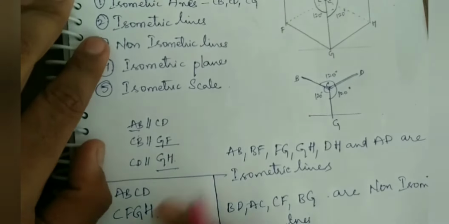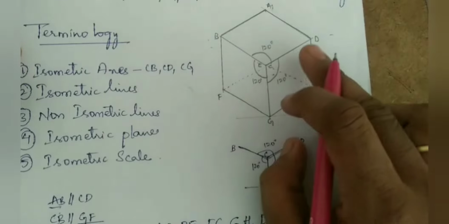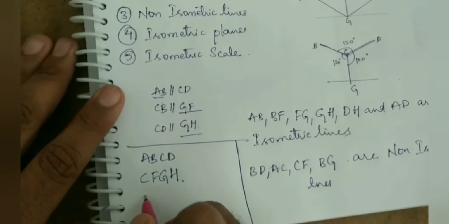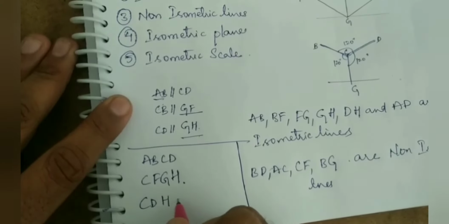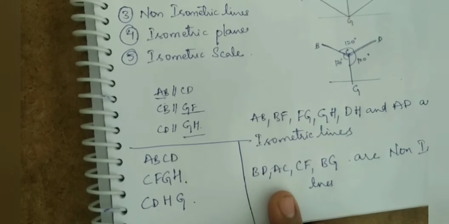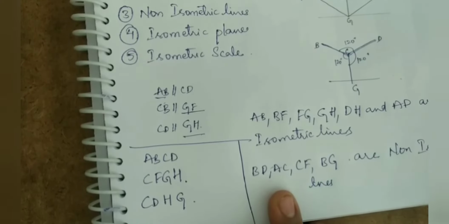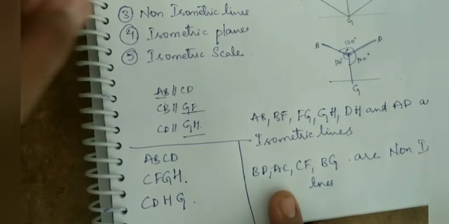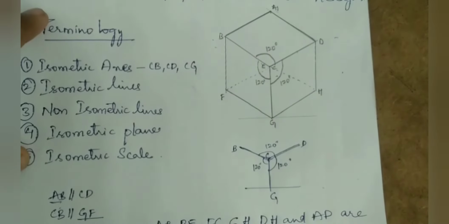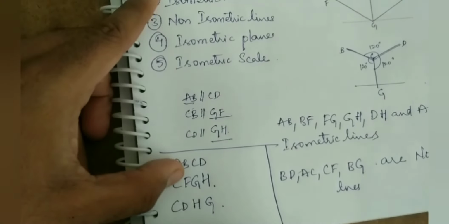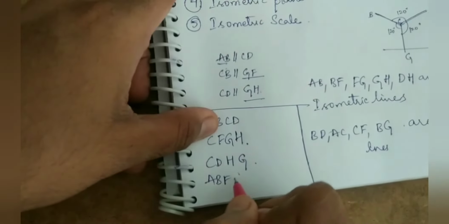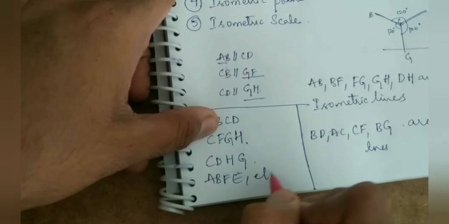Next, C, D, H, G. I'm writing it here. The one which is parallel to it, A, B, F, E, and similarly others.